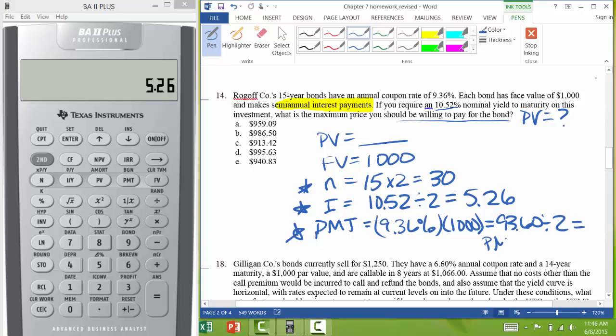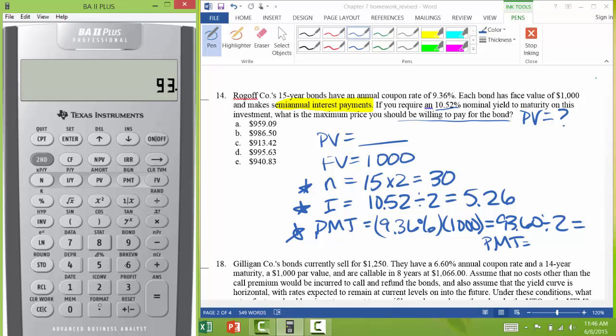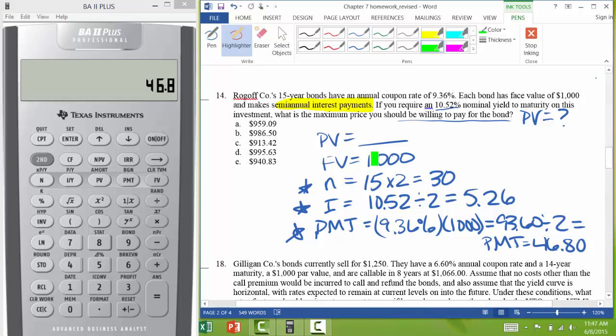So the payment is, let's see, 93.60 divided by 2, $46.80. So let's take a look here. So we'll be entering that 1,000 for future value, 30 for N, 5.26 for I, and 46.80 for the payment. And then we'll solve for our present value.